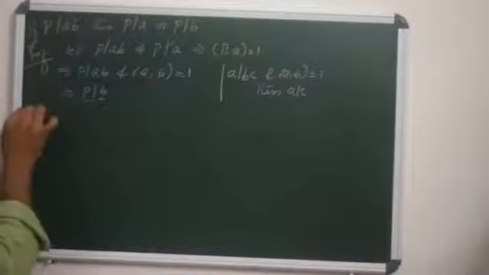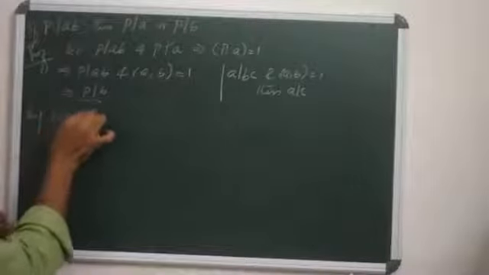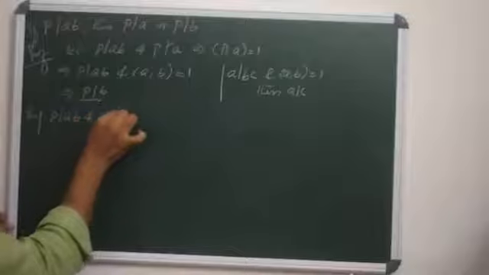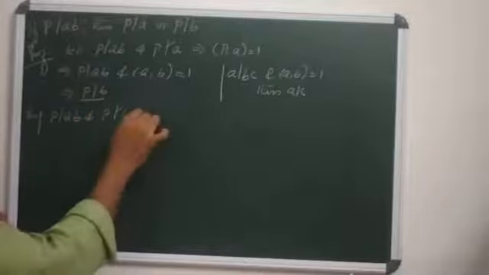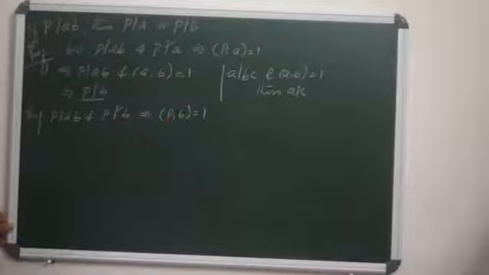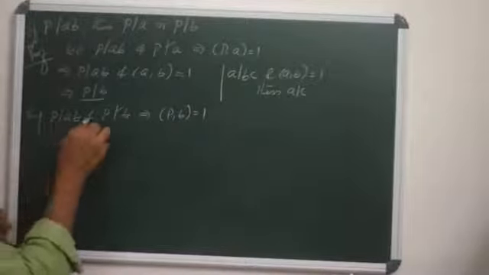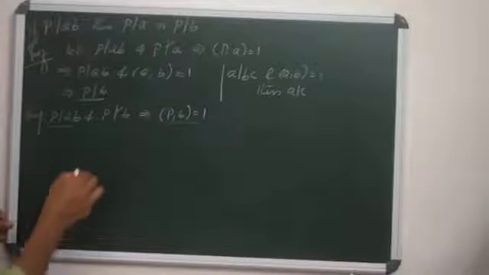Similarly, if P divides AB and P does not divide B, that means the GCD of P and B is 1, so P and B are relatively prime.